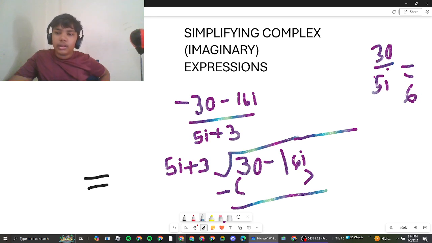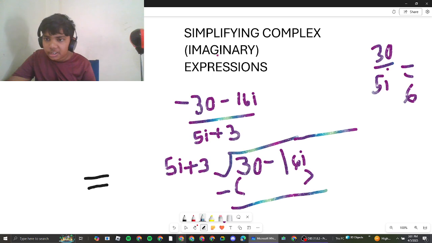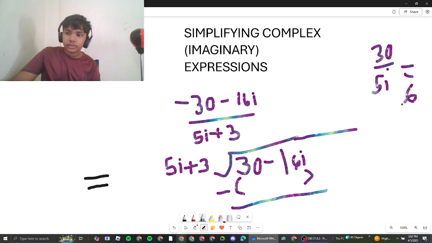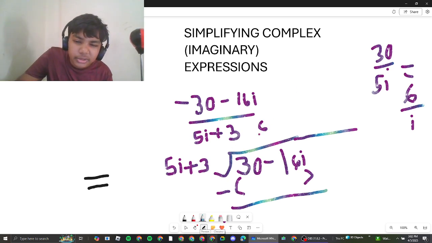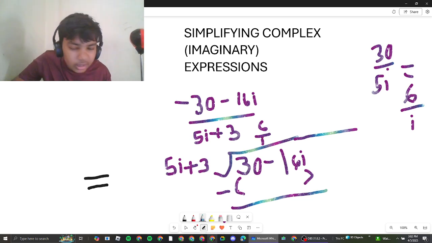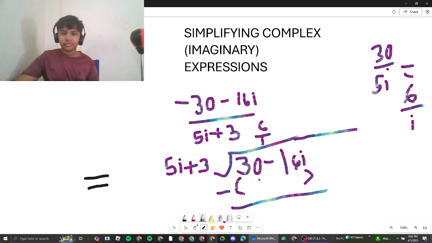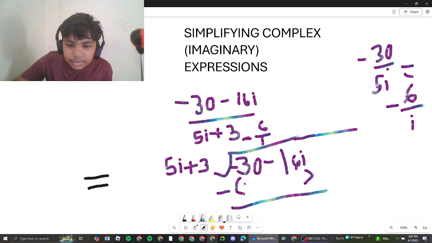30 by 5 is 6, and then 6 by i. Oh no, that's bad. Oh god, we have a fraction. Okay, so we're going to put 6 upon i here, and because there's a minus sign, we put a minus.